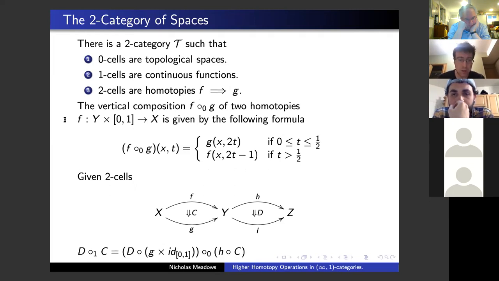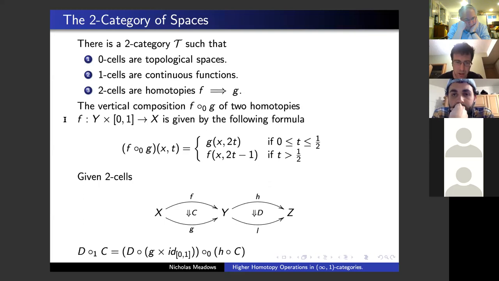Now I take G times the identity, and I compose that with the homotopy between H and L. Then I get a homotopy between H composed with G and L composed with G. So now I have two homotopies: one from H composed with F to H composed with G, and one from H composed with G to L composed with G. I take the horizontal composition of them.